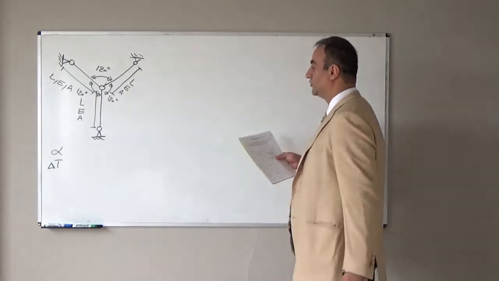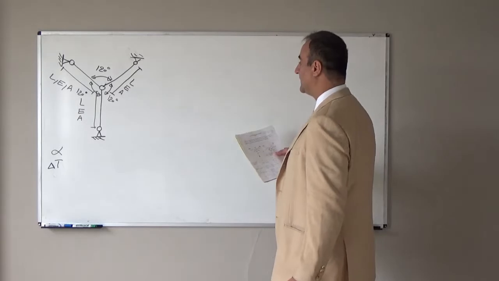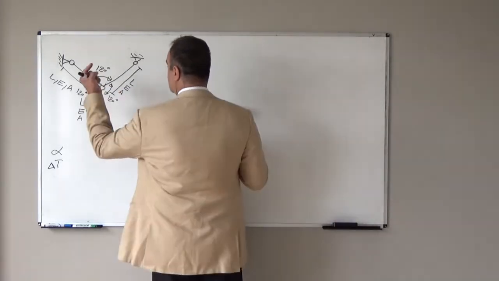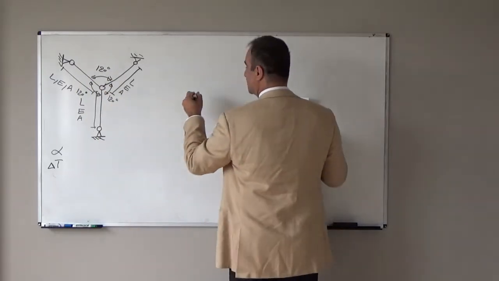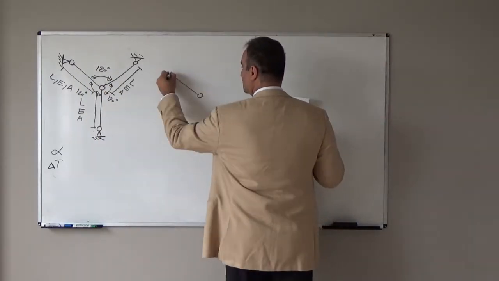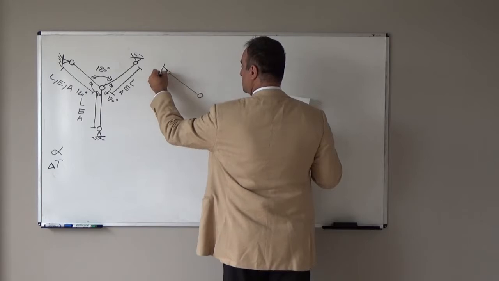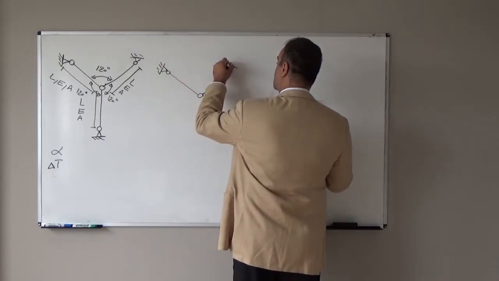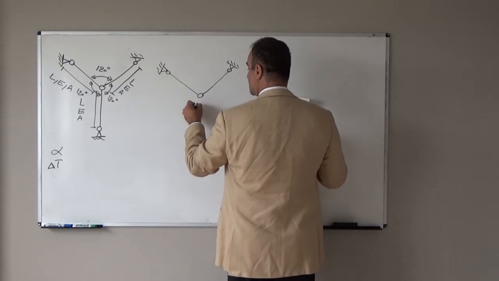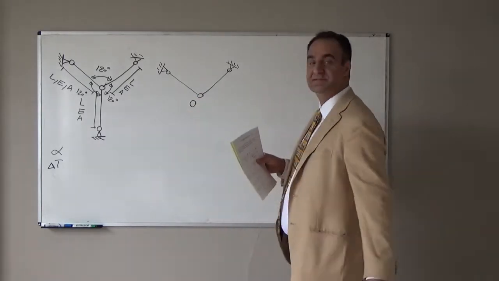What we will do here? First, we will assume, for example, we are increasing temperature in these two rods, and intersection point, for example, point O, is free to move.